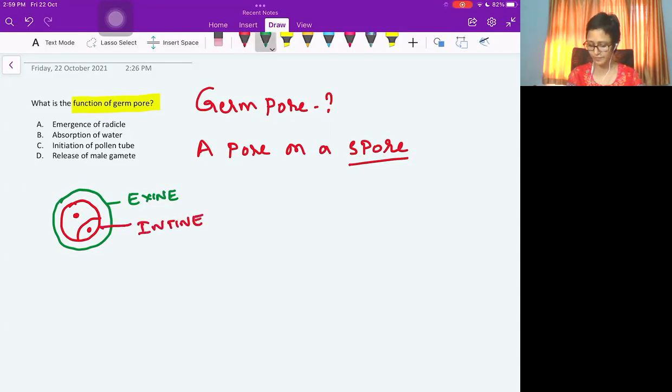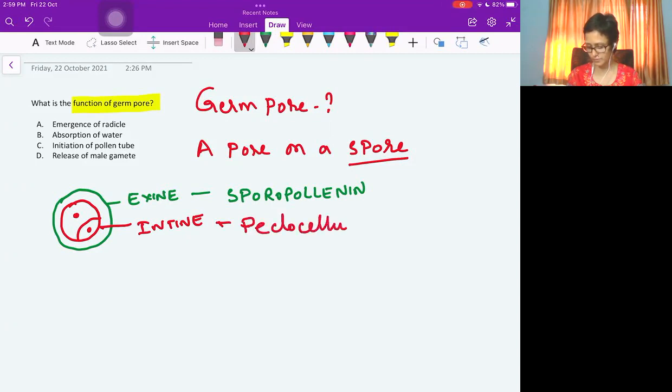Exine is made up of a material called sporopollenin, whereas intine is made up of pectocellulose. Isn't it?